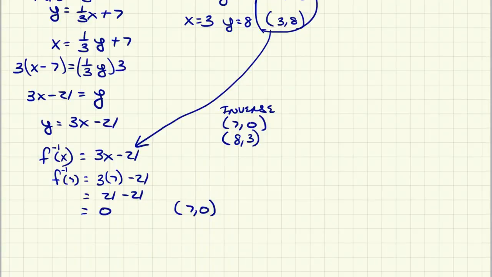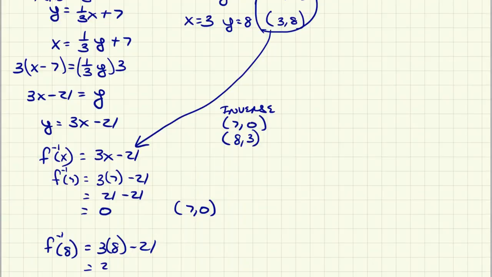All right, let's try another point. f inverse of 8. What happens if that goes in? We replace the x with an 8. So 3 times 8, minus 21.